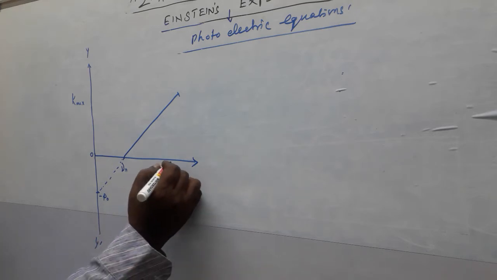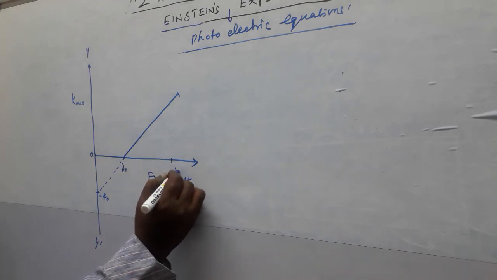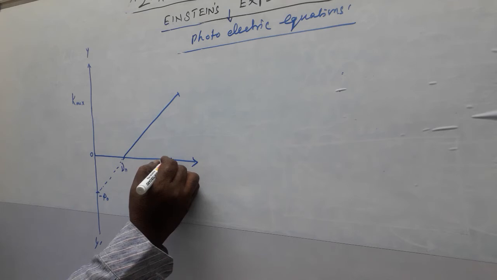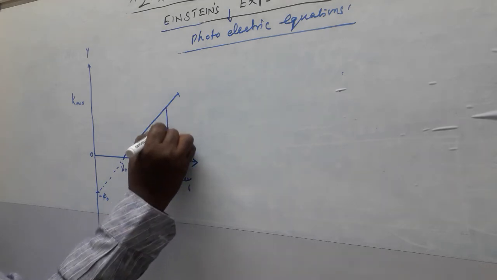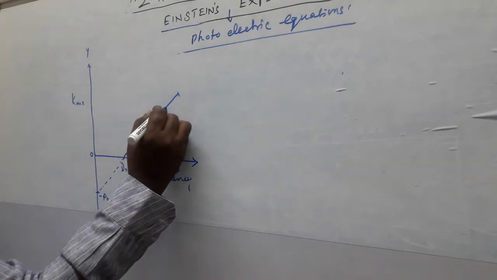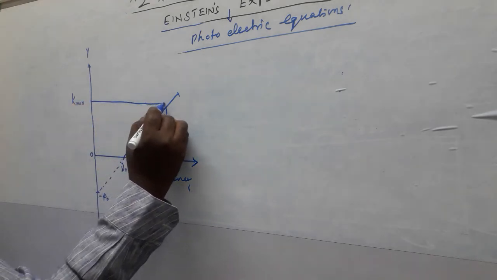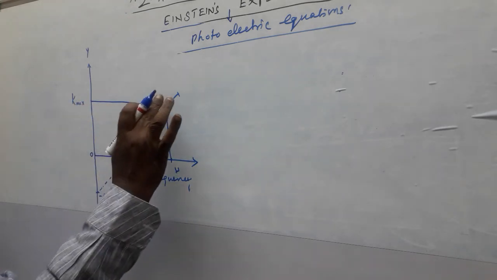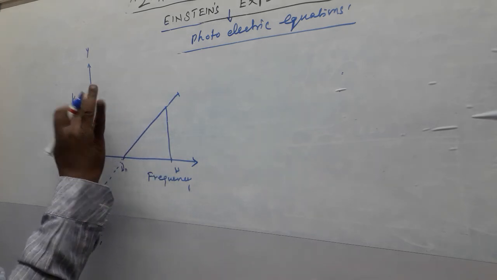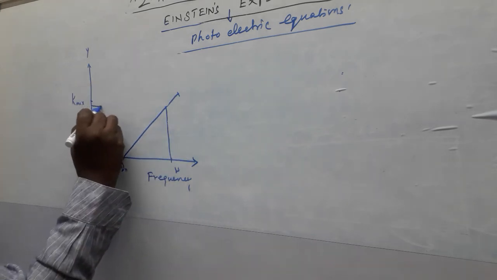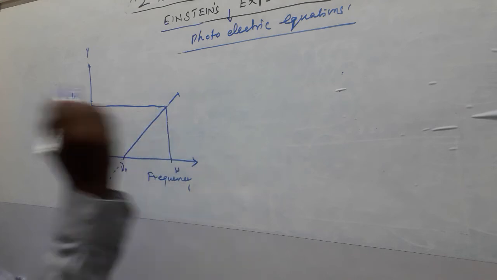Now you have to consider a frequency of nu, where the corresponding K maximum is also like this. You have to draw the graph exactly like this point.